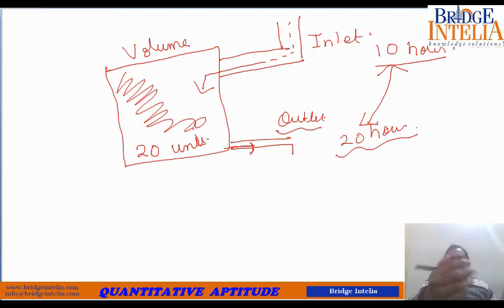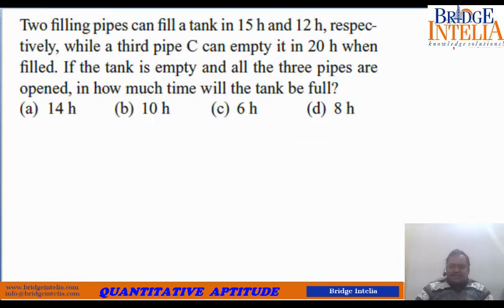So now let's move forward. Let's take a few examples. So let's see. Two filling pipes can fill a tank in 15 hours and 12 hours. So filling pipes A, B. Since they are filling pipes, to remember that I am using plus symbol.